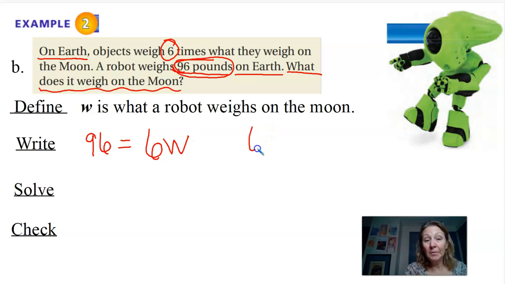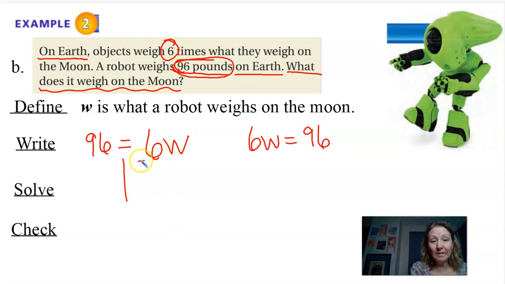Or if you prefer, you can do 6W equals 96. Okay, now I'm going to solve it. Again, this is a multiplication. The opposite of multiplying is dividing. I'm going to divide by 6 and divide by 6.